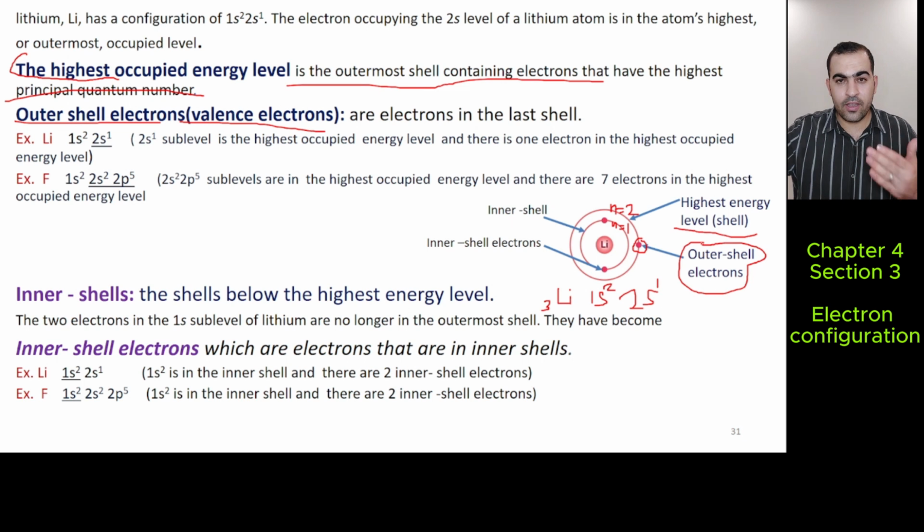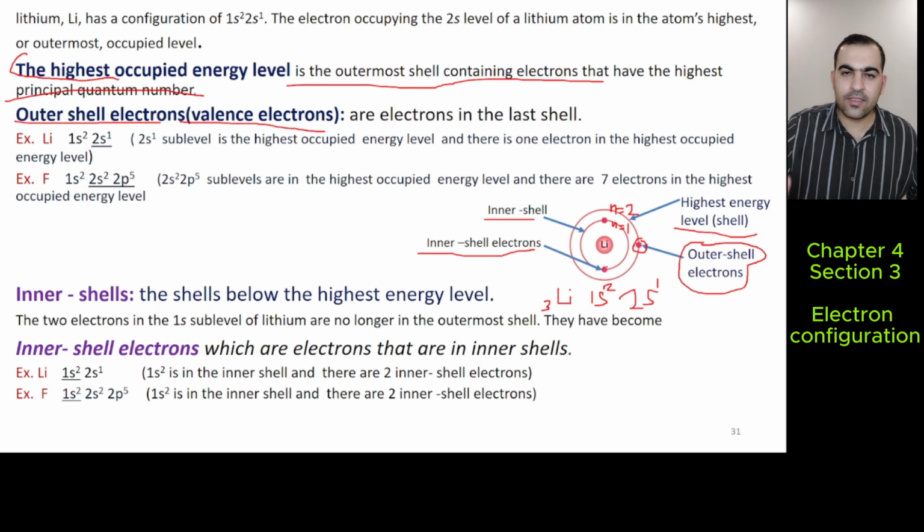They are not in the outer shell. We call them what? Inner shell electrons. Here, the second shell is the last shell, so the first shell is the inner shell. So there are 2 inner shell electrons.